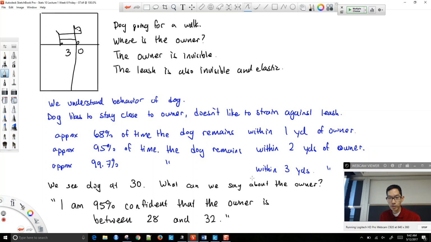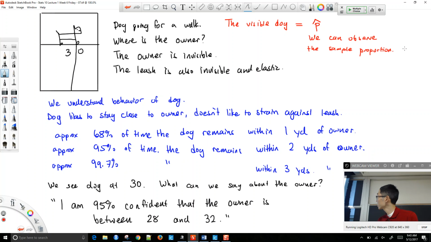Well, this is supposed to be an analog to what we're trying to do with the confidence interval, okay? We can see the dog, and the visible dog is similar to the p-hat, the sample proportion that we observe. That's what the dog represents.